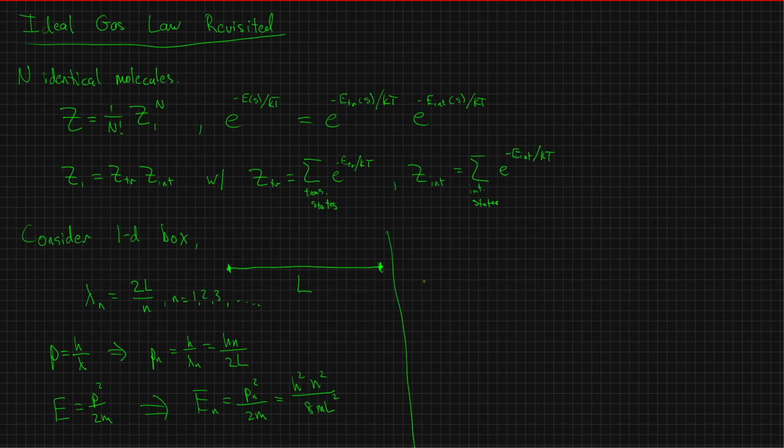So thinking of only the translational partition function right now, z1d, I'll put that there just to be explicit, that'll be the sum over n of e to the minus E sub n all over k times T. If we take our expression that we just derived for the energy and plug it in, we should get e to the minus h squared n squared all over 8mL squared kT. That's all under a fraction.